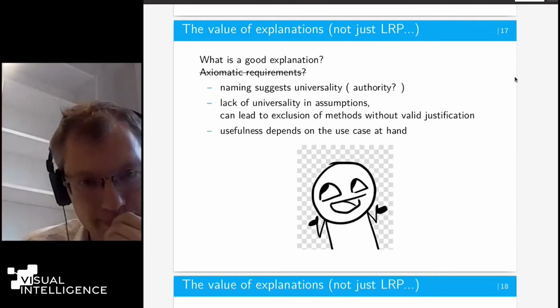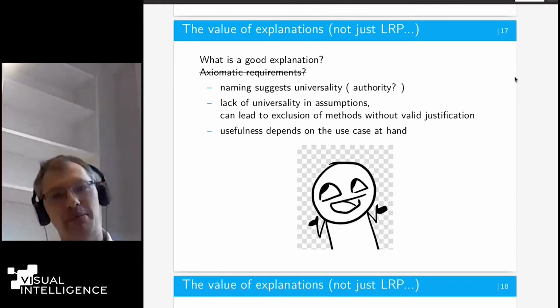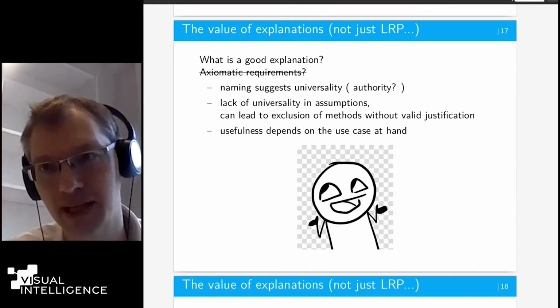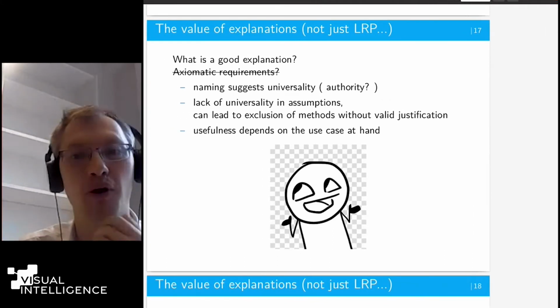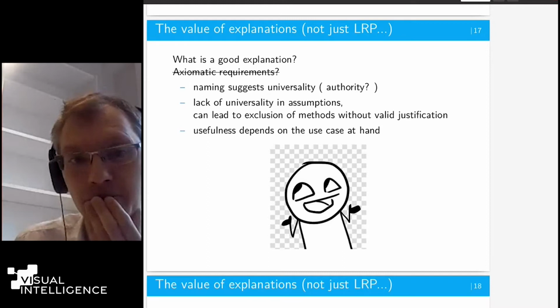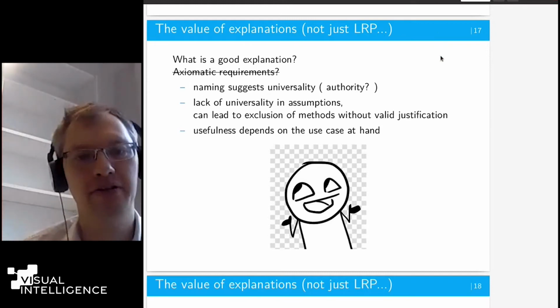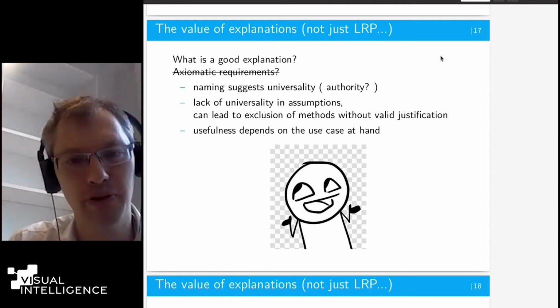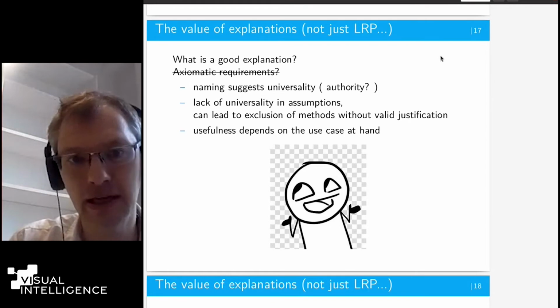What's the point? If you look at axiomatic requirements, the naming suggests some universality. And sometimes I wonder whether it suggests some kind of authority that they try to project, but actually many of these axiomatic requirements come with assumptions which are not universal.